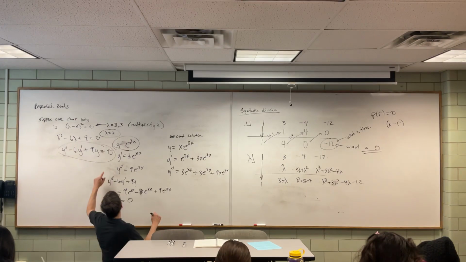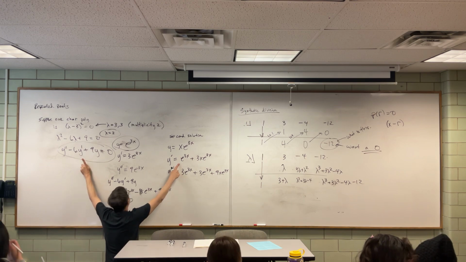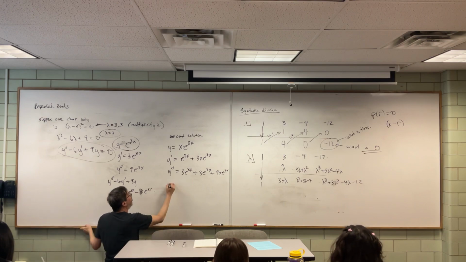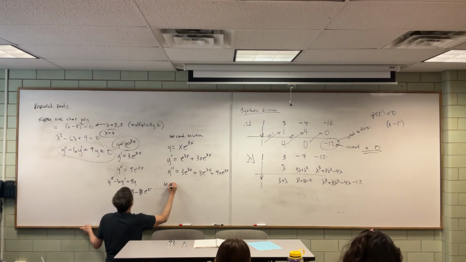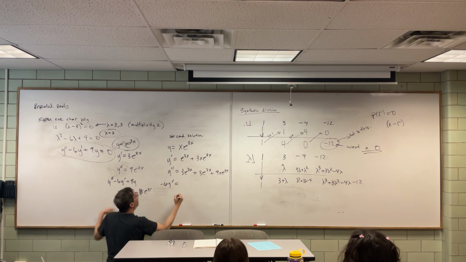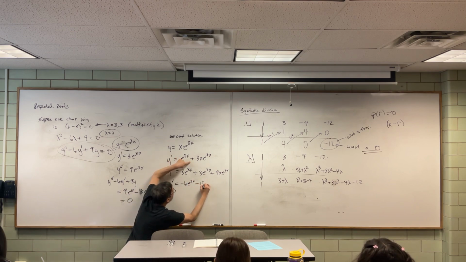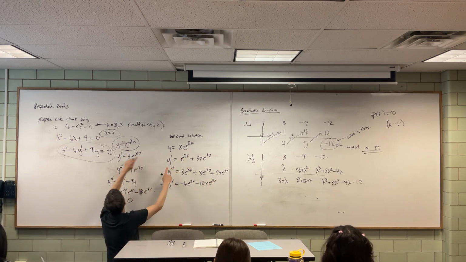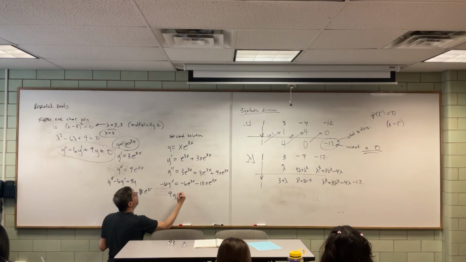Then we're going to take this minus 6 of these plus 9 of those. I'll put negative 6y prime underneath, and that's going to be negative 6e to the 3x minus 18x e to the 3x. So I'm just multiplying this by negative 6, and then I'm going to multiply 9 times the original.